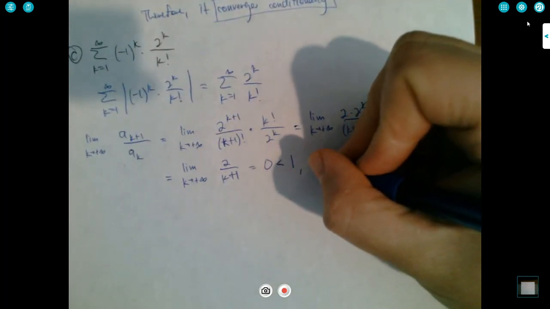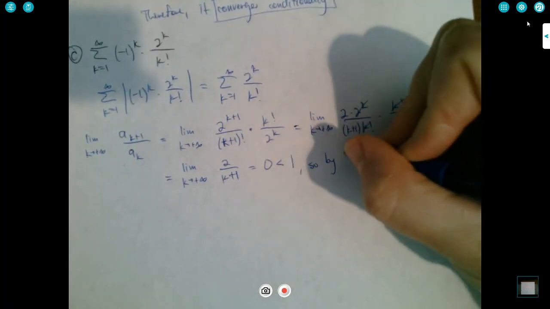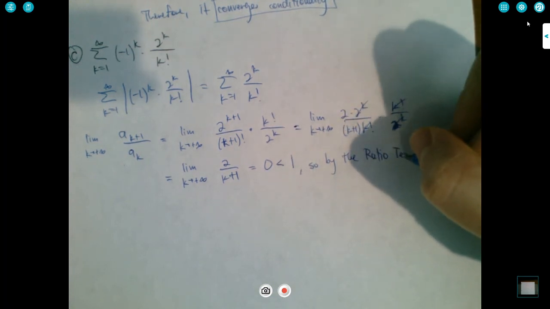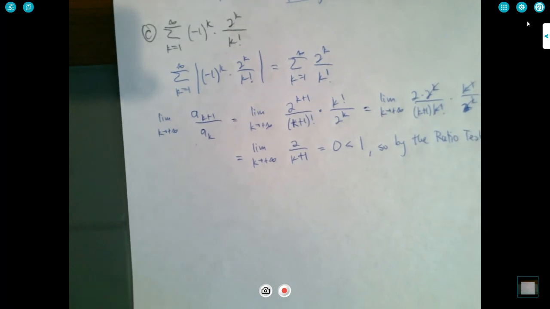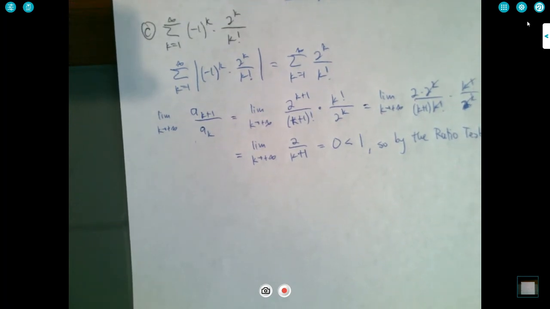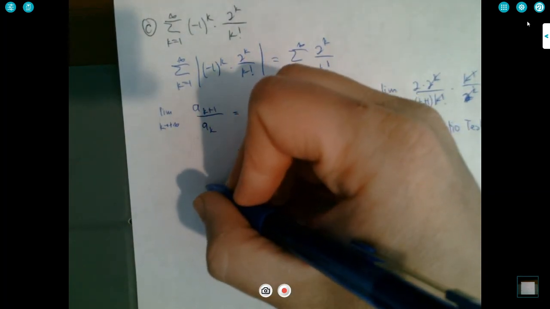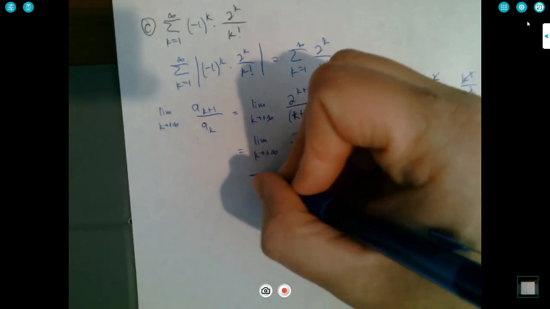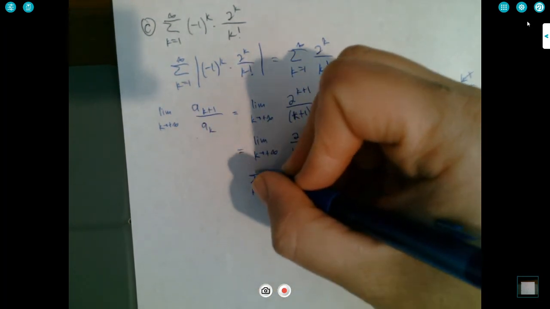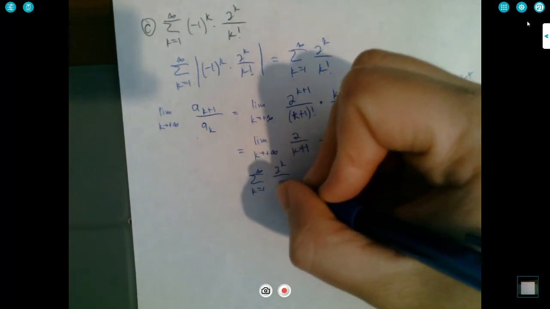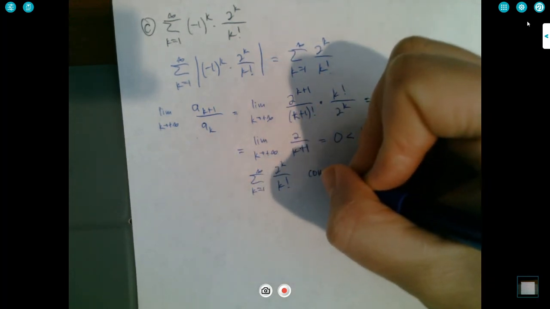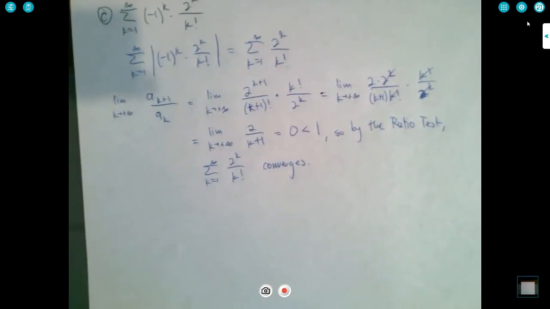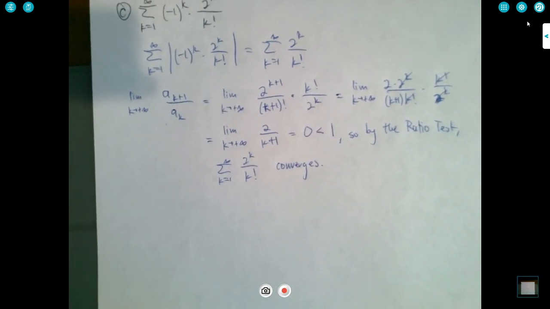So, by the ratio test, the series, I'll write it here, the series k equals 1 to infinity of 2 to the k over k factorial converges. Oh, that's nice, because our work is done then.